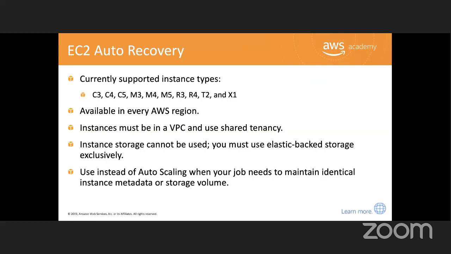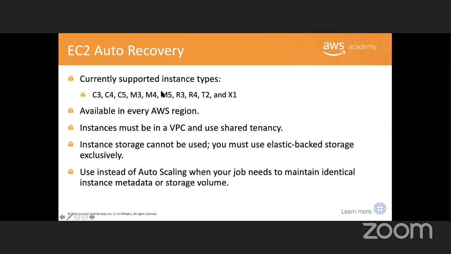Continuing here: currently supported instance types for EC2 Auto Recovery. It only supports certain instance types like C3, C4, C5, M3, M4, M5, R3, T2, and X1. We are using T2 micro.